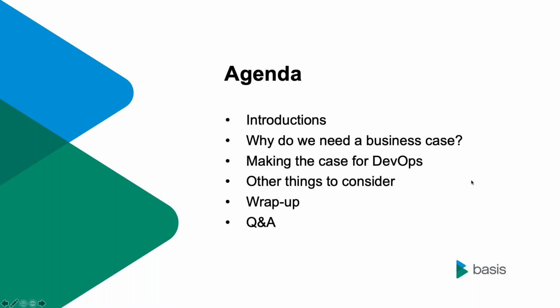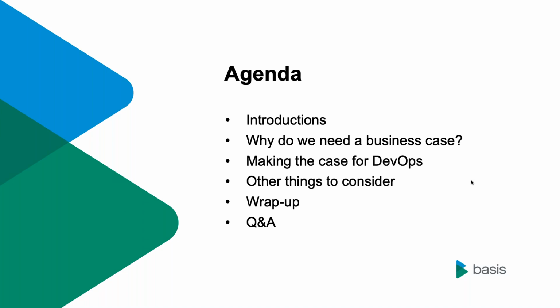So let's look at what we're covering during today's topic. A couple of introductions first of all, because we have two speakers in the session today. Then we're going to briefly look at why we even need to be talking about business cases and where we stand in terms of setting up this question. And the main part of today's webinar, we're going to look at how we can make a case for DevOps, what kind of ways we can use to justify that and request the investment that we might need.